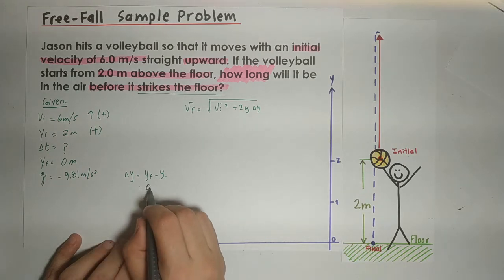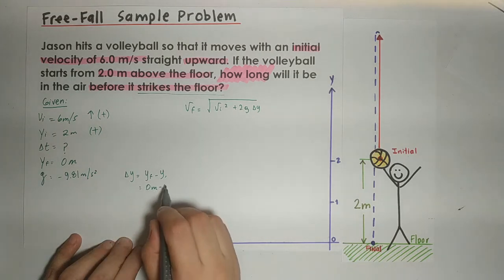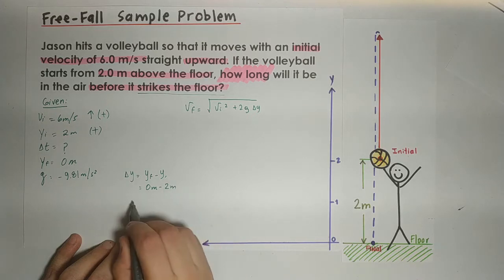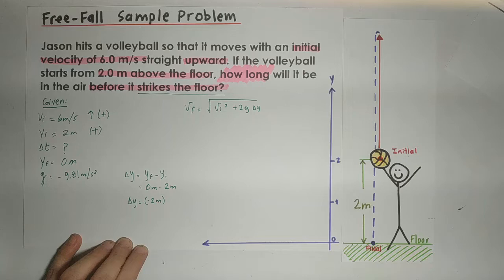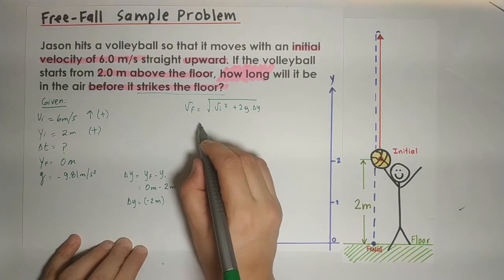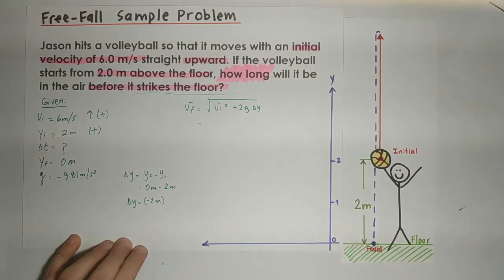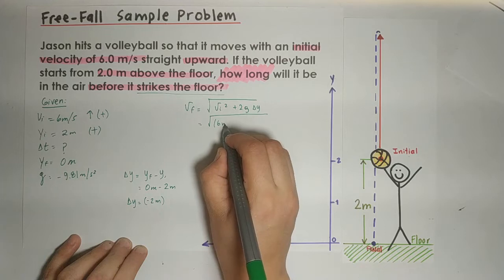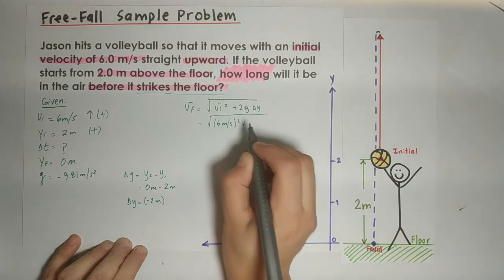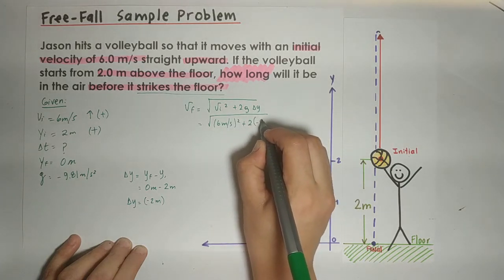My final y is 0 meters and my initial y is 2 meters. So my delta y is negative 2 meters. This is very important, guys. This is what we know as the sign conventions. Okay, let's find out what the final velocity is. We respect the signs.